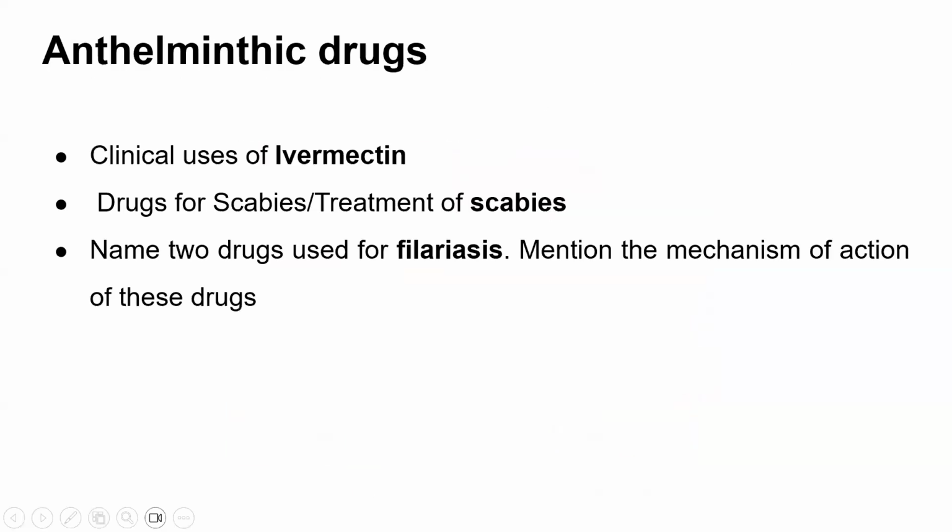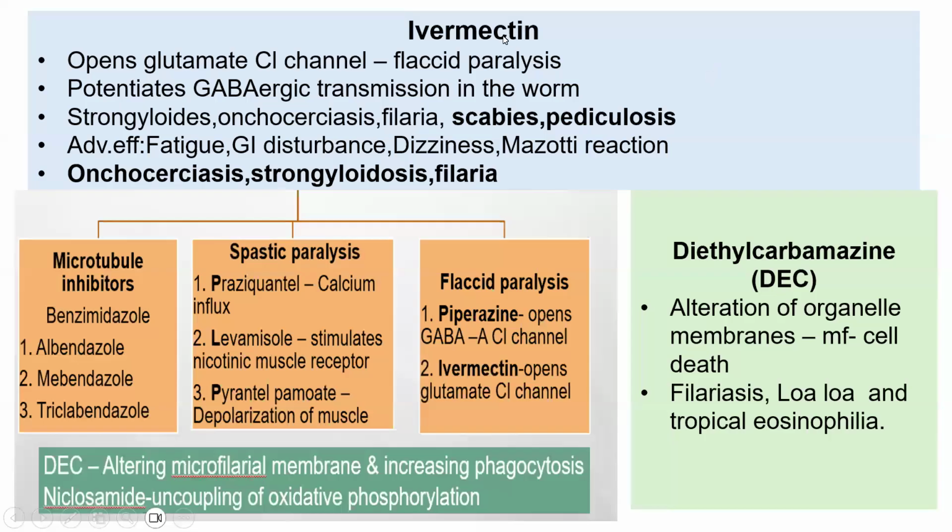Coming to next, anti-helminthic drugs. So anti-helminthic drugs actually, ivermectin is asked many times, and scabies treatment is asked many times, and filariasis, drugs used in filariasis. So ivermectin first, actually this is the overall mechanism for all the anti-helminthics I have included with this image. So microtubule inhibitors are mainly albendazole, mebendazole, triclabendazole.